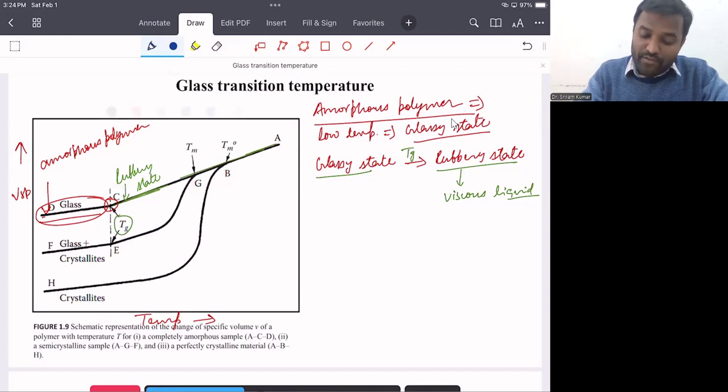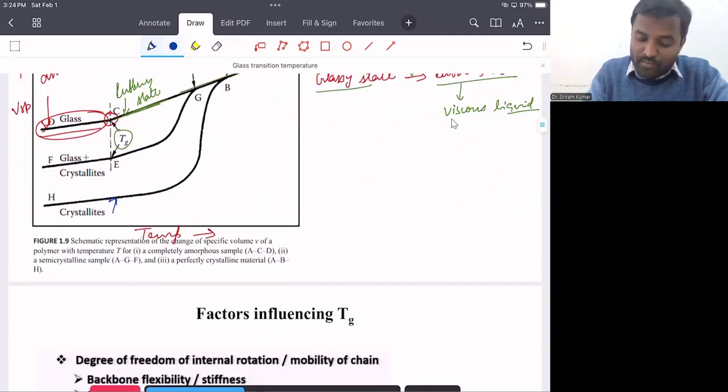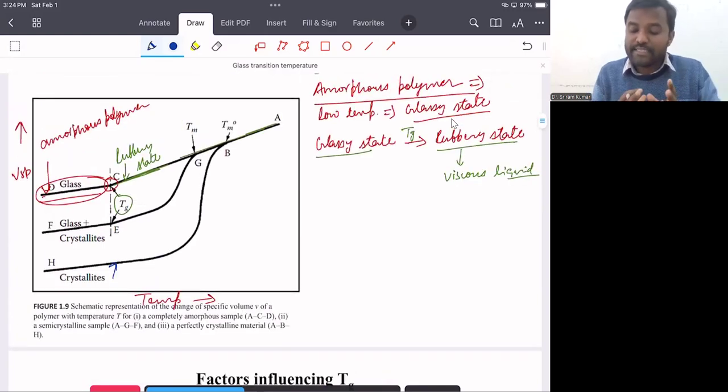And we have another kind of polymer. This curve is for the crystalline polymer. In crystalline polymers, since the position of the chains is fixed, we don't have a glass transition temperature.